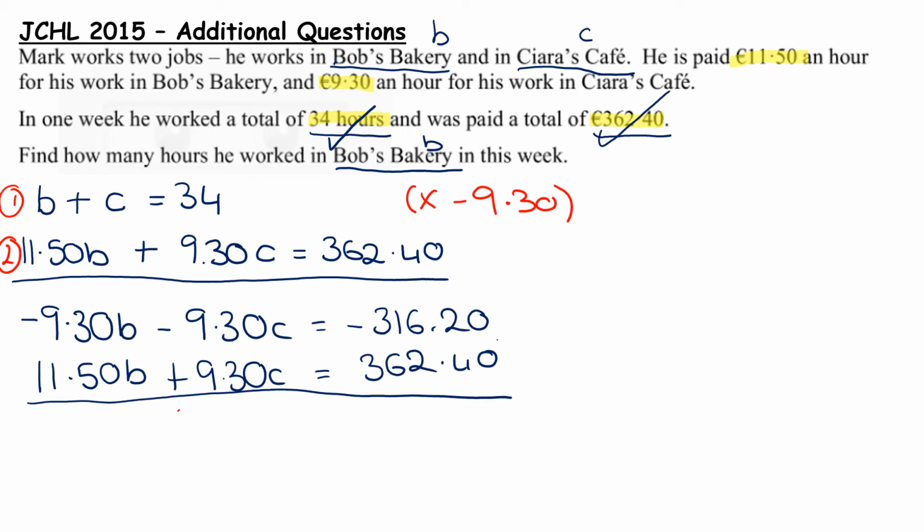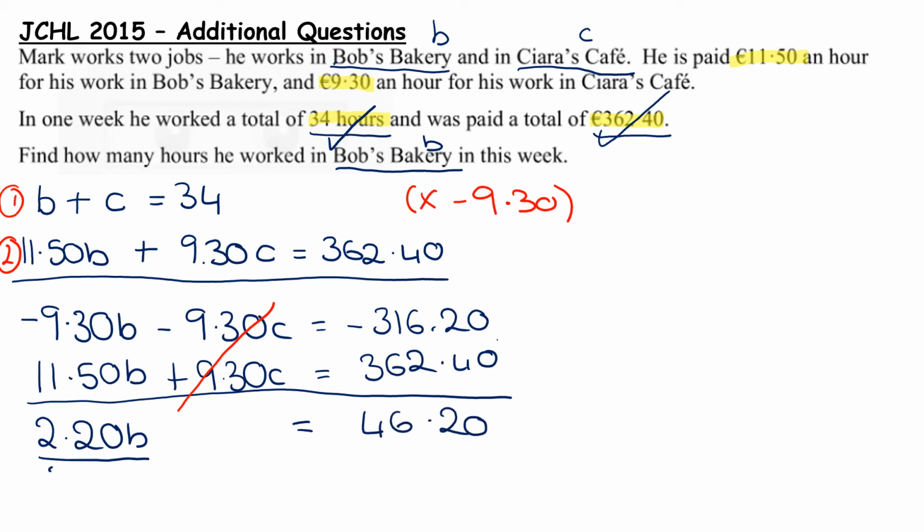So our c's eliminate. We have 1150 take away 930, and that leaves us with 220b, and that equals 362.40 take away 316.20, which gives us 46.20.